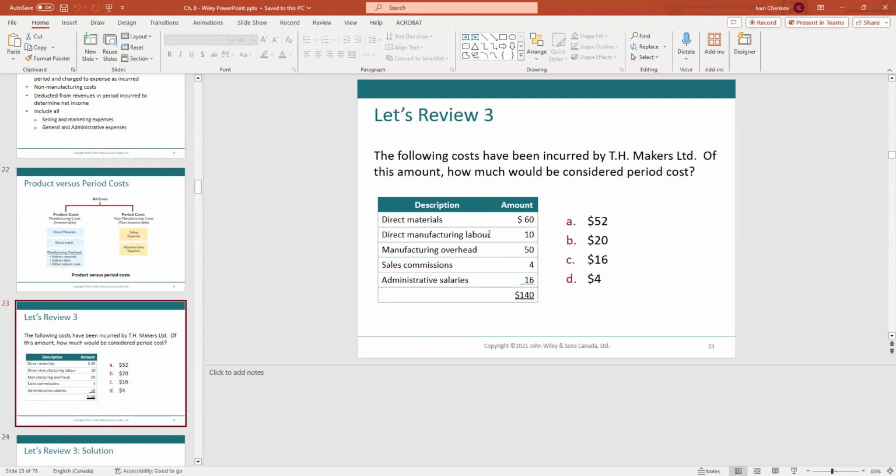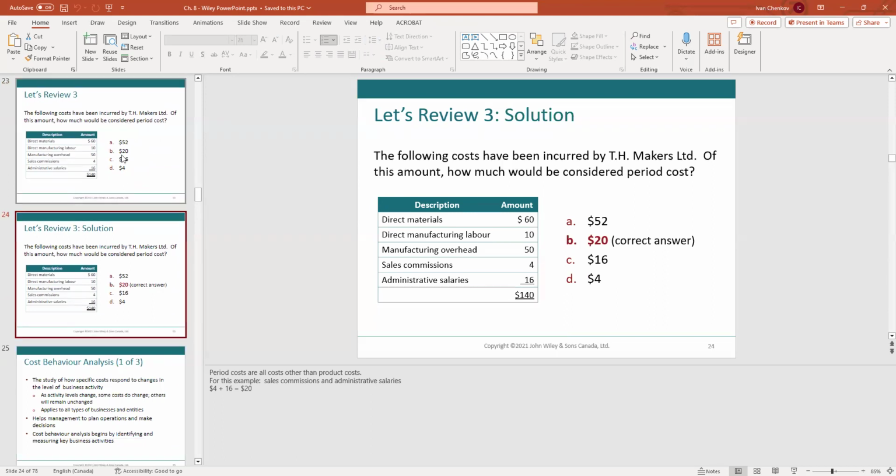Direct labor, product cost. Gone. Manufacturing overhead, product cost. Sales commission, period cost. Administrative salaries, period cost. So how much is the total? 4 plus 20, 20. That's our answer.